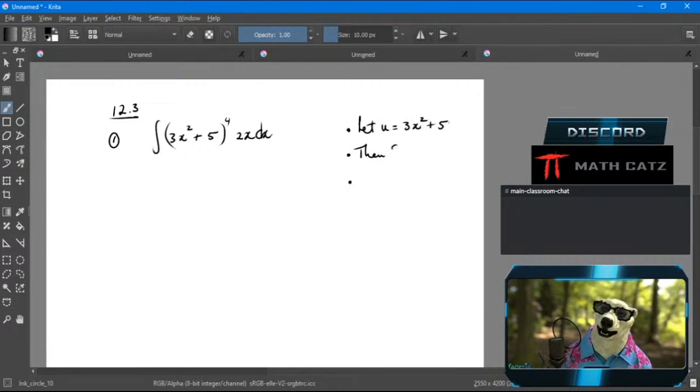Then the derivative is 6x. And so if I separate the variables, I get 6x dx. This is going to be my key to tell me how to get rid of x's and bring in all u's.